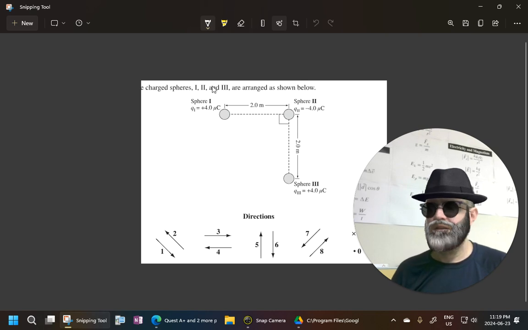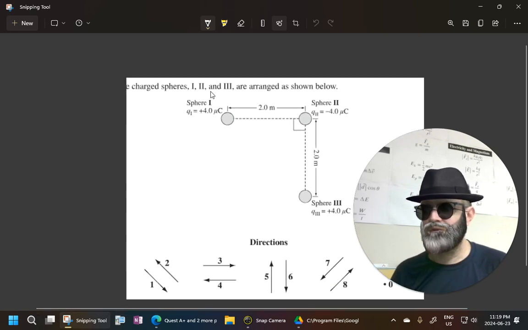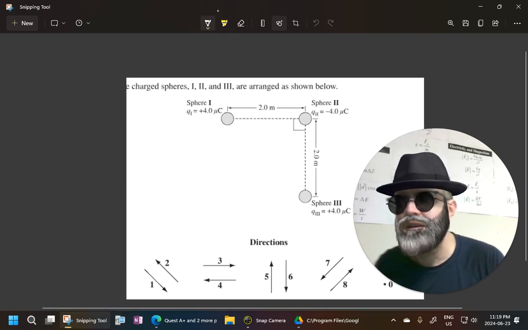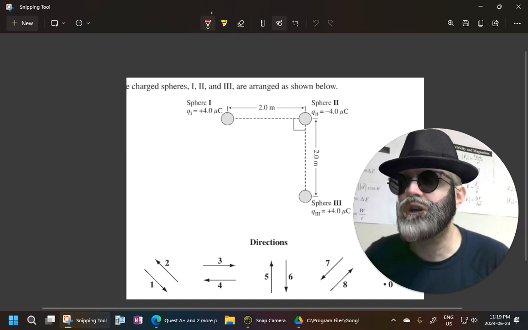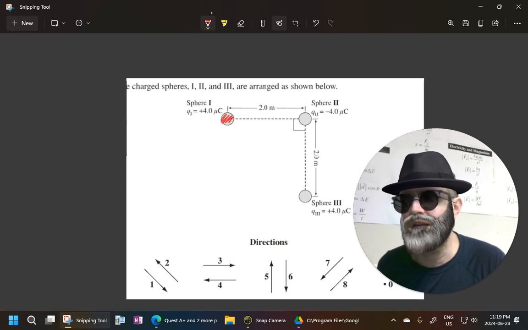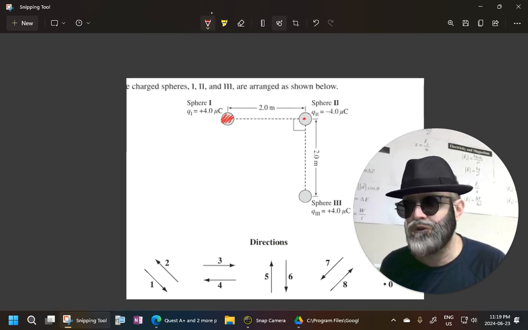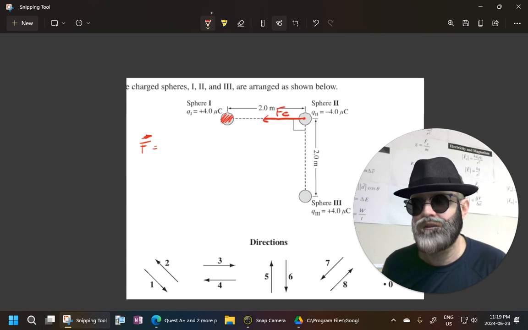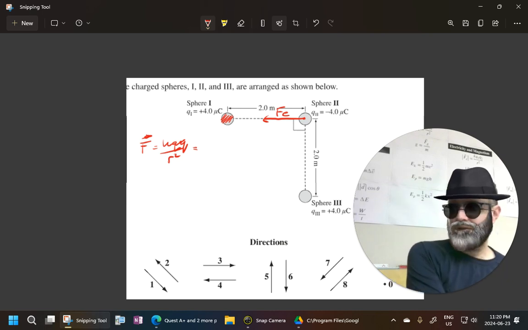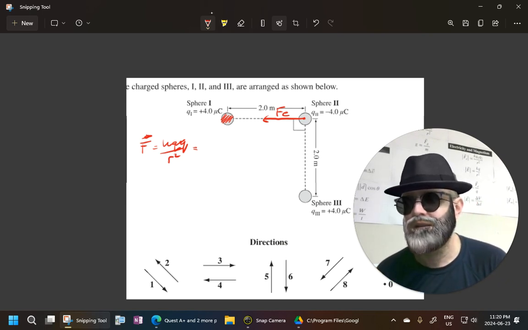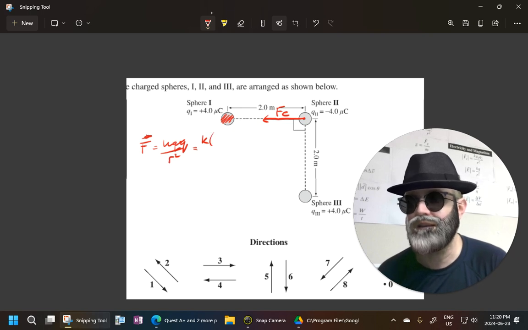So what's really nice about this is that, like I said, those charges are the same. If I go with this red one here, positive and negative, they're going to attract each other. So there's going to be an overall force in this direction, which I can find pretty fast. Fe is equal to KQQ over R squared, right? Not everything's in the right units here. K, I'm not going to write that out, but that's 8.99.